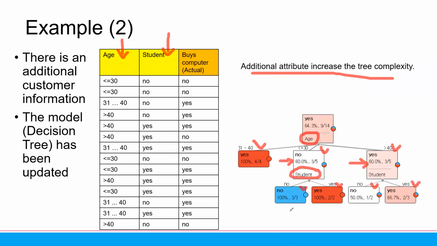If you look at this, the leaf is the node that has no other branches. It's good because it shows the color blue and red. But this one, we still have something like 50-50.